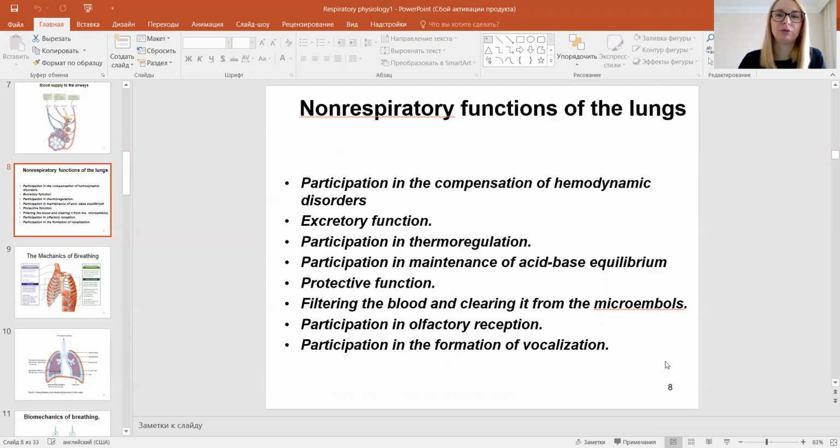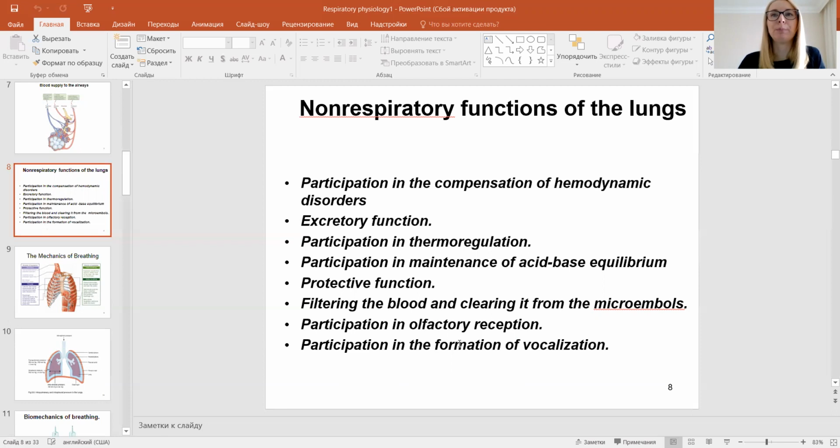Next one is excretory function. A lot of toxic products of metabolism are excreted through the lungs during breathing, such as ammonia in kidney pathology, acetone in the case of diabetes mellitus, and alcohols and steam are excreted with the help of the lungs.